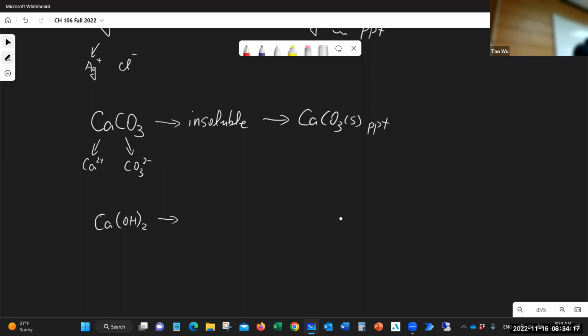Is calcium in the first row? Not exactly, which means calcium belongs to any other cation. So hydroxide plus any other cation is insoluble again. So calcium hydroxide is still insoluble.